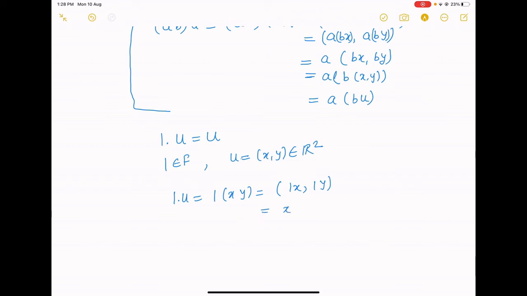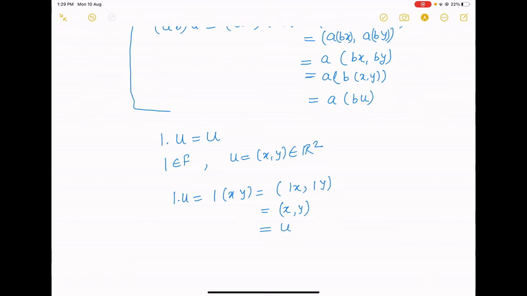This is (x, y), and this may be written as 1 operated on (x, y).